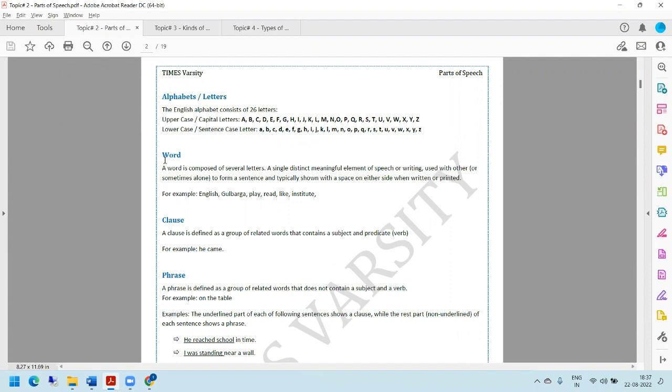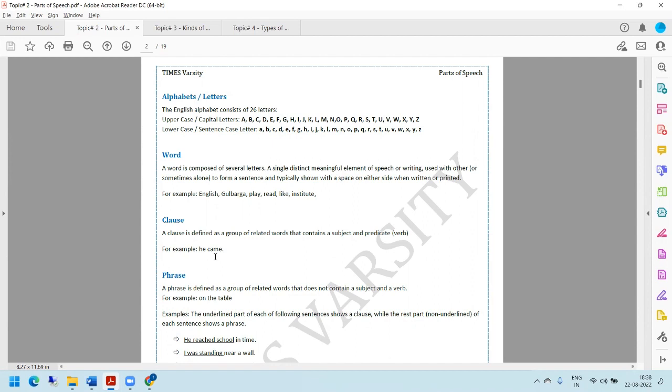Similarly, yesterday we discussed word. So now let's see what is a clause. A clause is defined as a group of related words that contains a subject and a predicate. For example, he came. From here, there is a meaning.